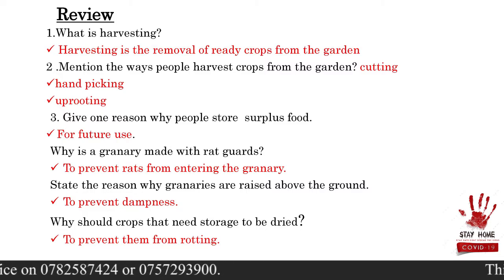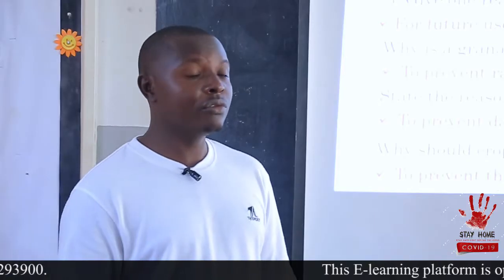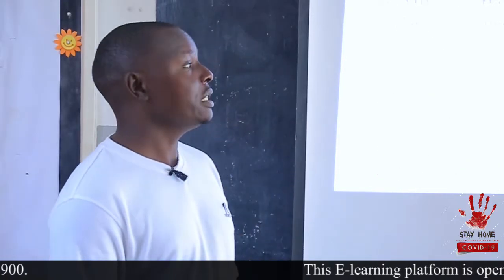And our last question here is, why should crops that need storage be dried? Why do we dry those crops that need to be stored? And the answer is to prevent them from rotting.